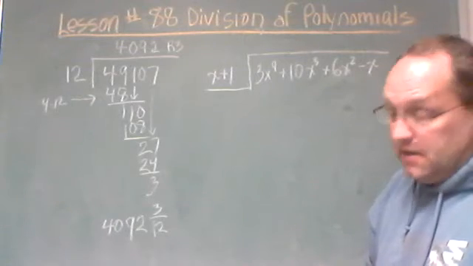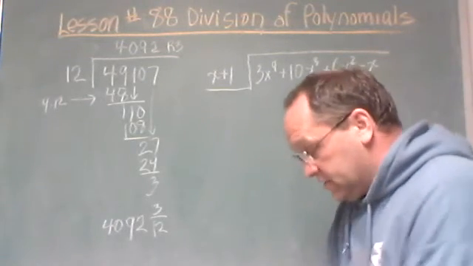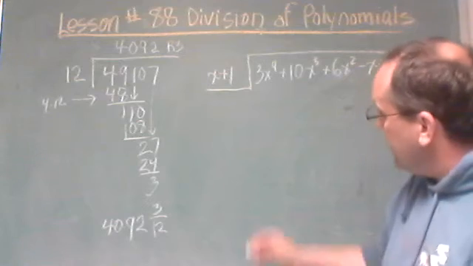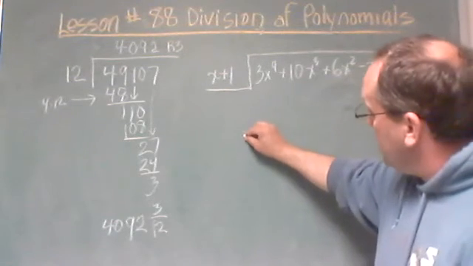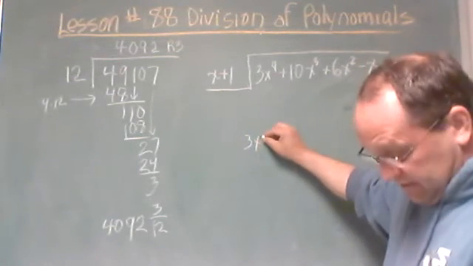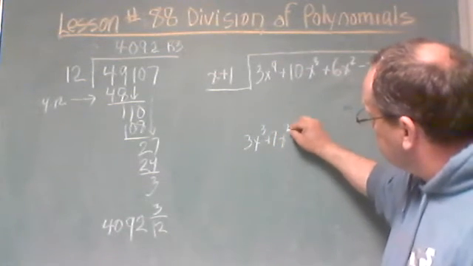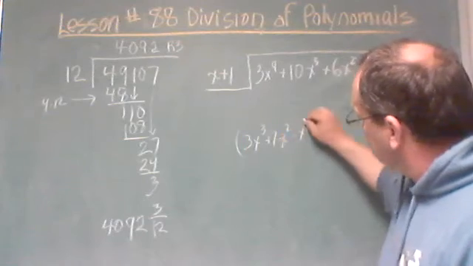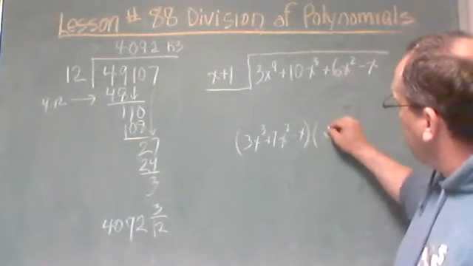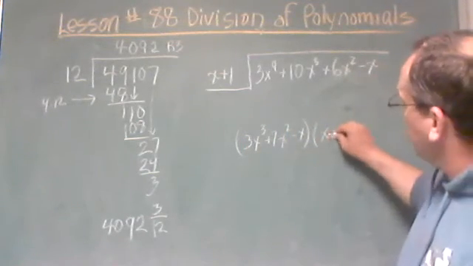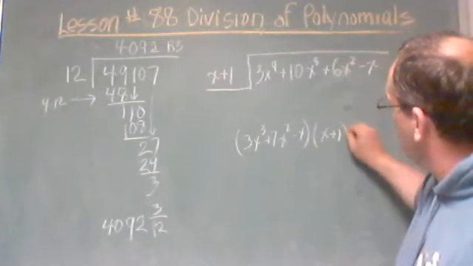Now, this is problematic because let me just show you here quick. If I had that same problem that I just did, and I multiplied, instead of multiplying by x, I'm going to multiply by x plus 1 now.